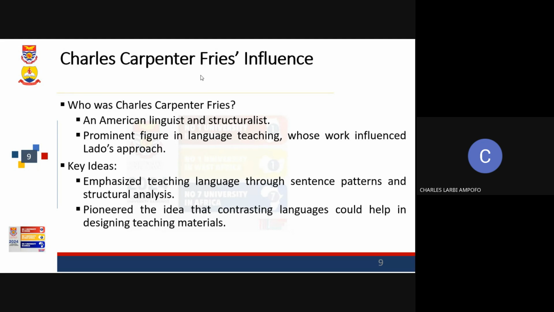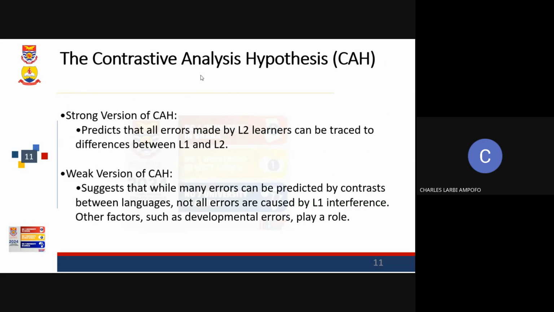As habit formation. That is why behaviorism comes in here. They subscribe to the ideals of behaviorism that language learning is habit formation, something that you must develop, you must form over time. I hope your question is answered. Oh, okay. Thank you very much.